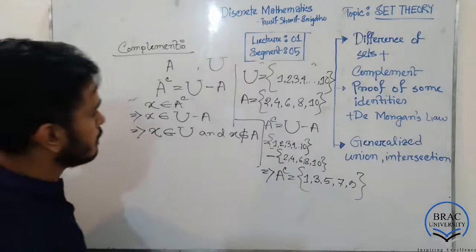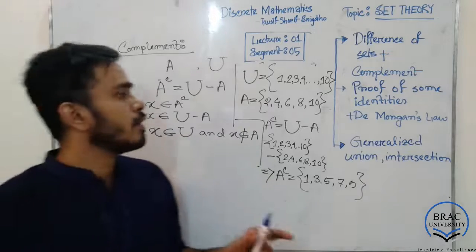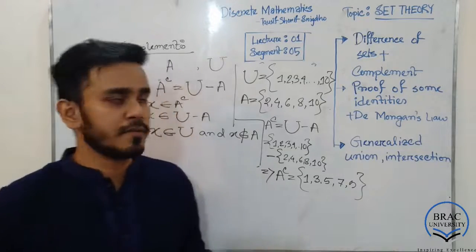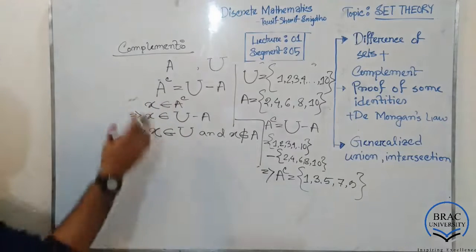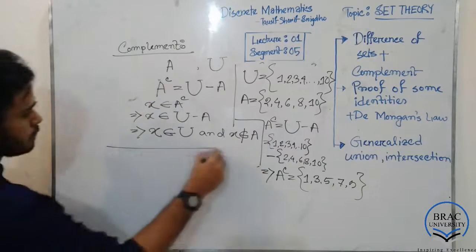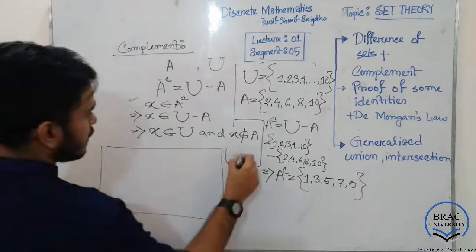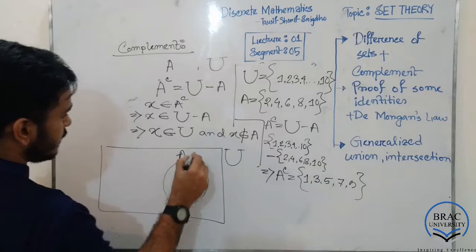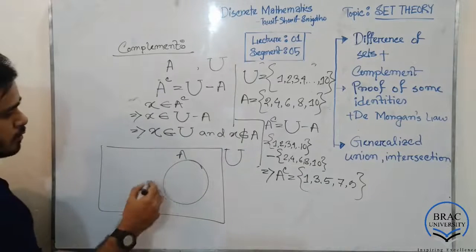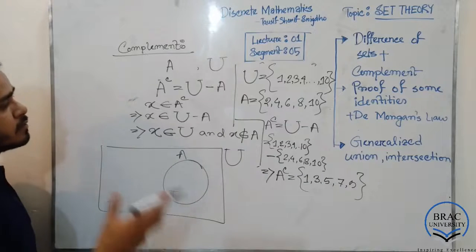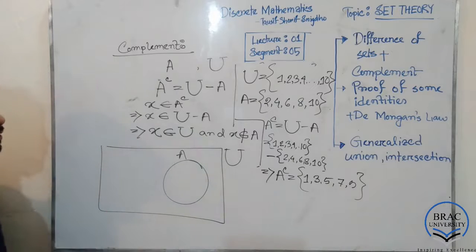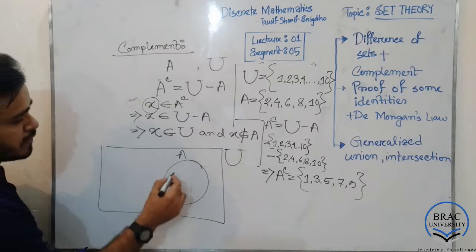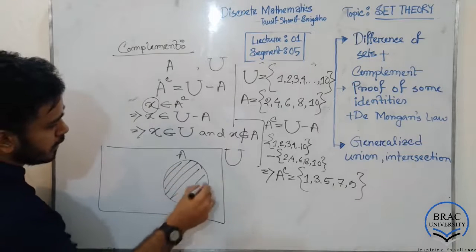We can clear our concept by seeing a Venn diagram representation of this complement. Here, this is U, the universal set, and this is set A. If we have to determine A complement, can any of the elements of A complement belong to set A?